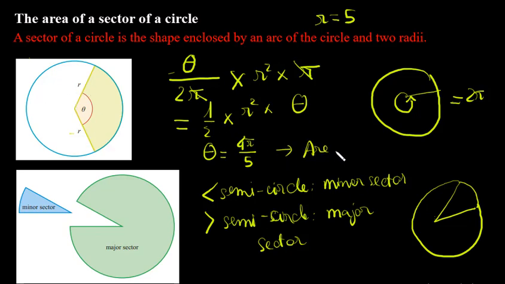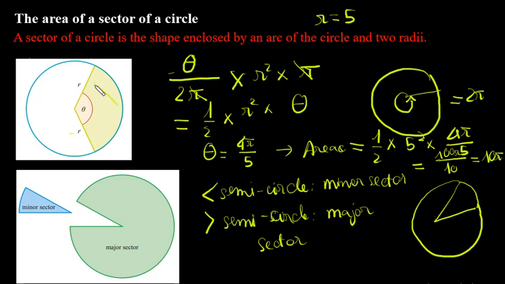So area equals 1 over 2 multiplied by 5 squared multiplied by the radians, which is 4 pi over 5. So we will have 100 pi over 10, equal to 10 pi, which is the area of this sector.